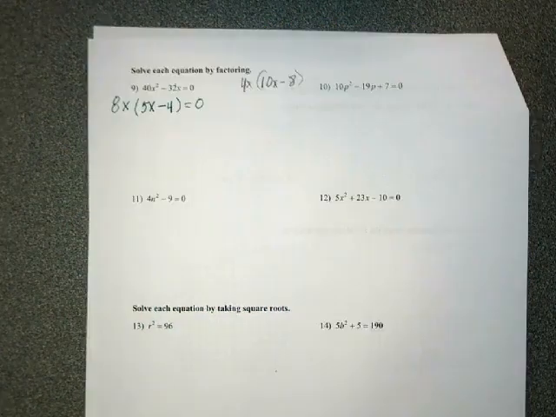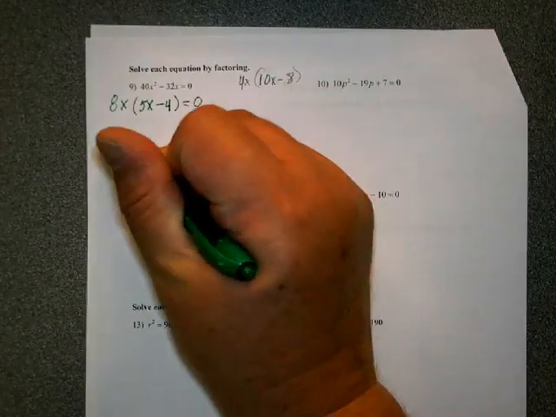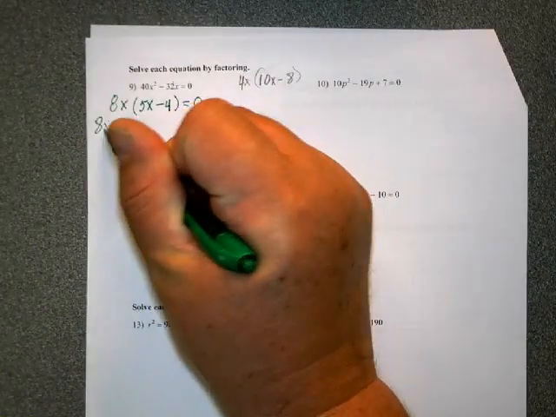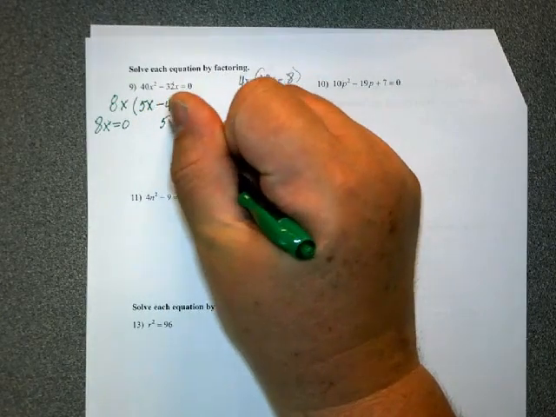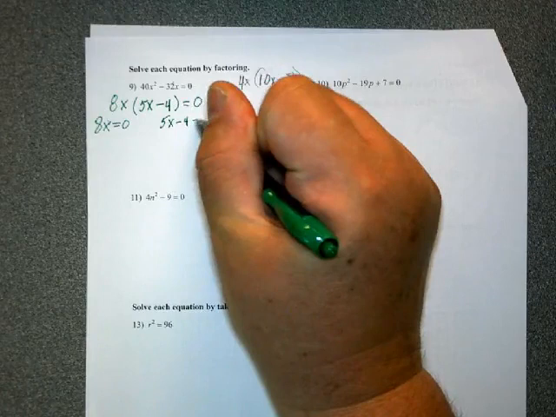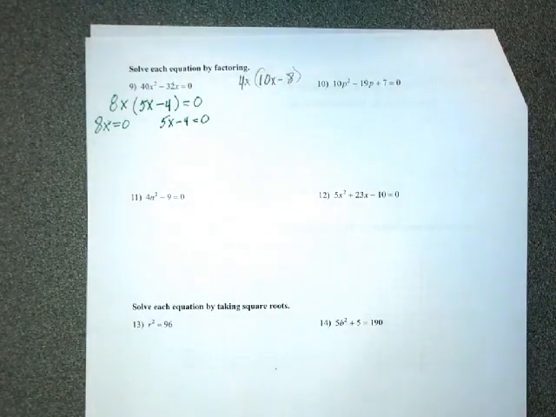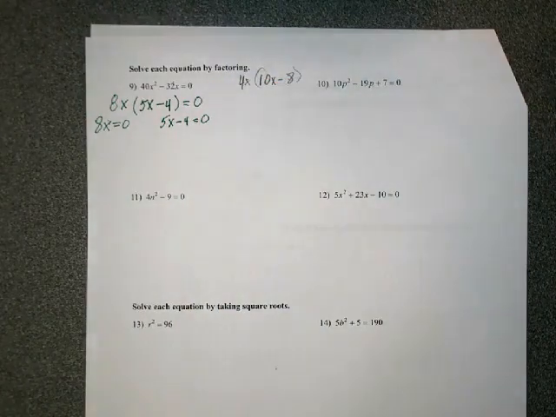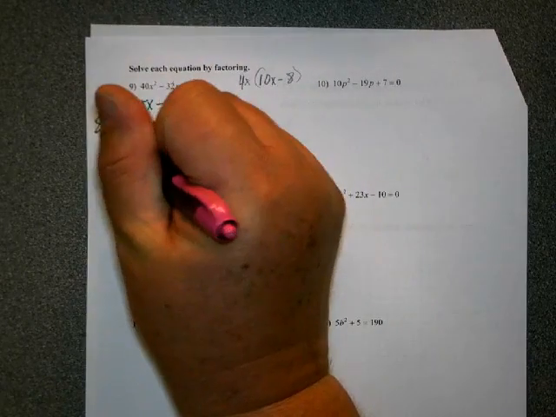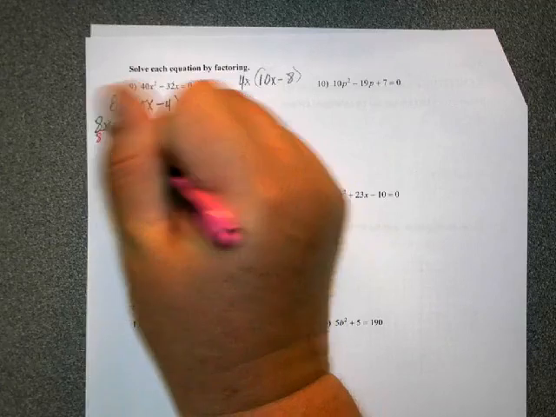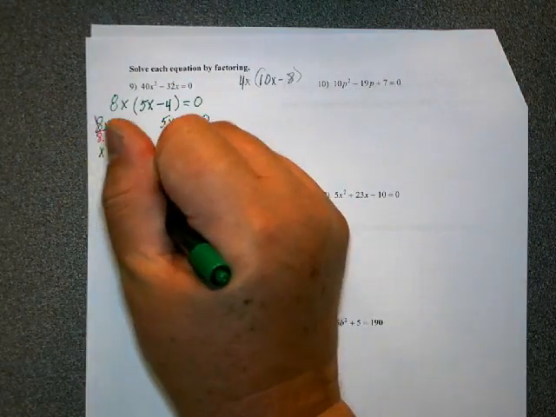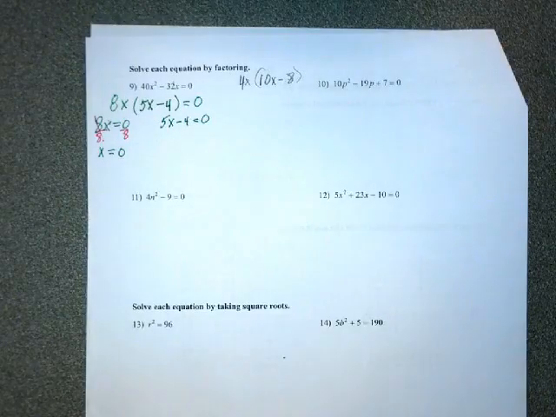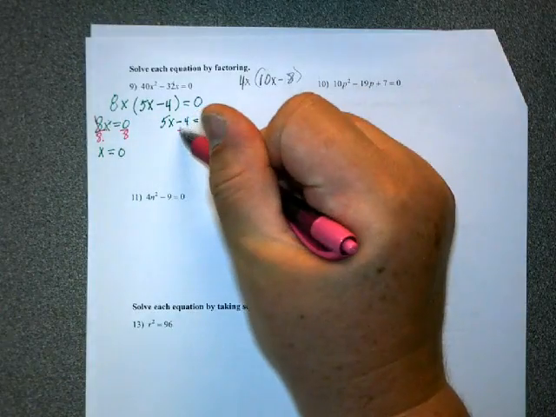Set each one of these factors equal to 0. 8x equals 0, or 5x minus 4 equals 0. I'm going to divide by 8 on this one. So x equals 0. And then this one, I'm going to add 4 to both sides.